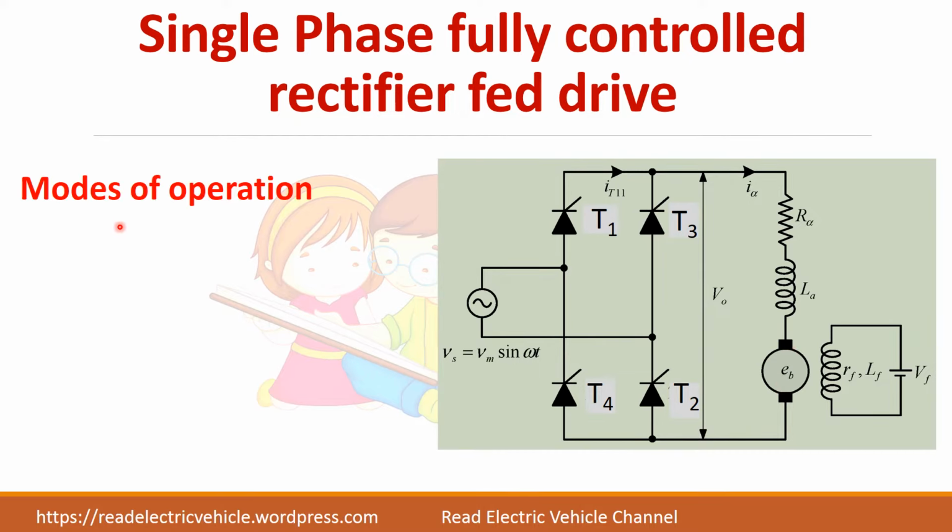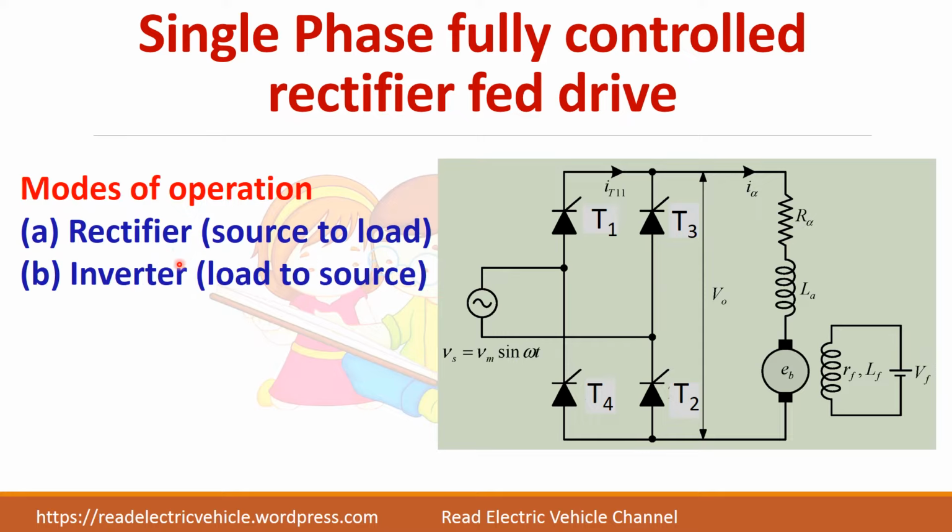There are basically 2 modes of operation in a fully controlled rectifier: one is rectification, another is inversion. If it acts as a rectifier, it converts AC to DC, or the power flows from source to the load. Here the load is the motor.